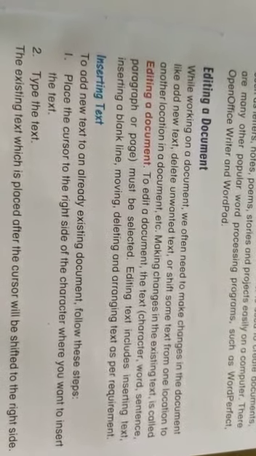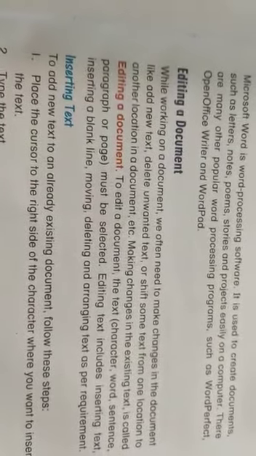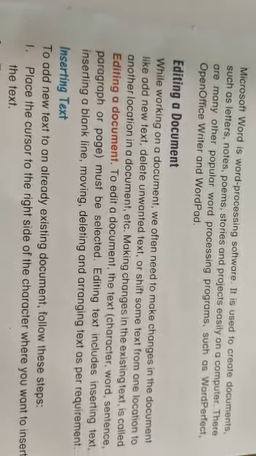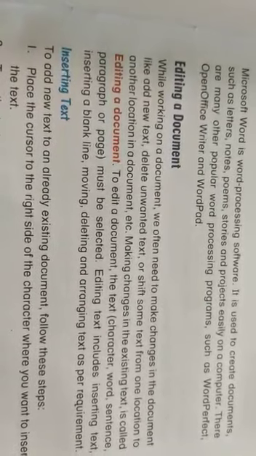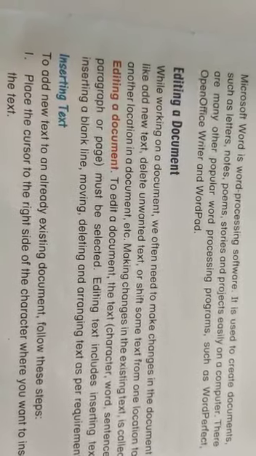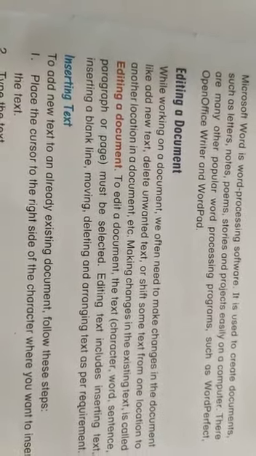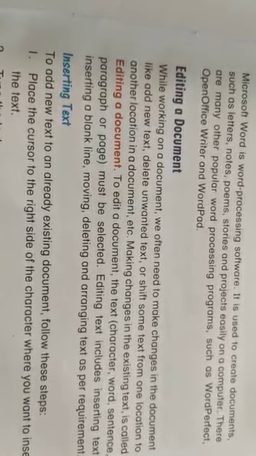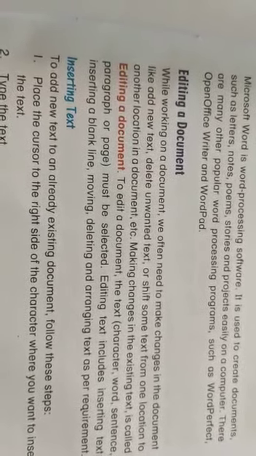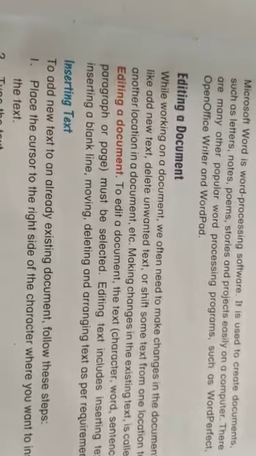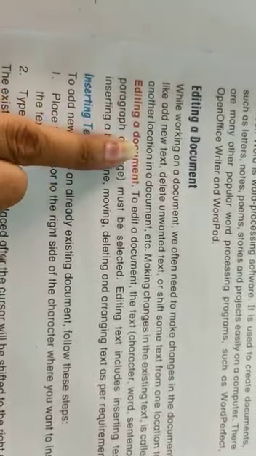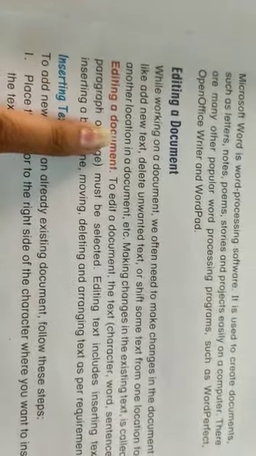Editing a document. While working on a document, we often need to make changes in the document, to add new text, to delete unwanted text, or to shift some text from one location to another location in a document, etc. Making changes in the existing text is called editing a document. So this is the full definition of editing a document.